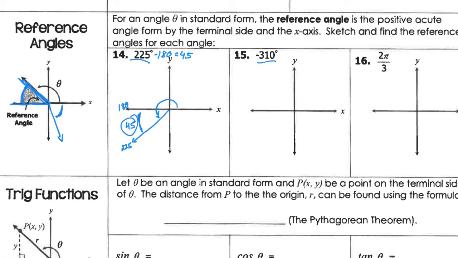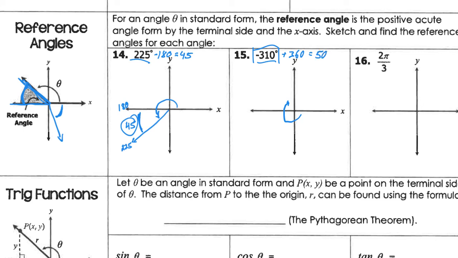So if I'm looking at negative 310, that's going to go backwards, right? How far backwards is that going to go is the question. If I go 360 degrees backwards, I'm going to end up back where I started. So I'm not going all the way. If I add 360 degrees to that negative, I'm going to get 50 degrees, right?